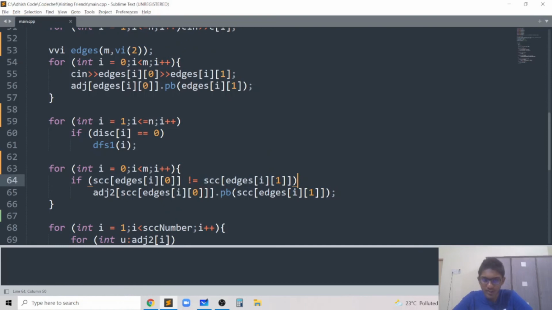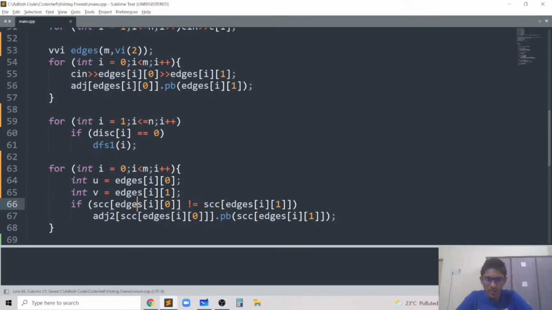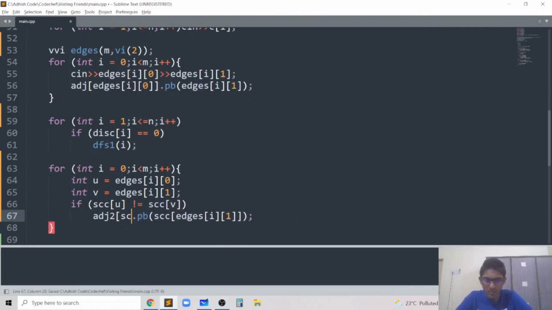So for all edges in the initial list, if we represent u to be edges of i of 0 and v to be edges of i of 1, then if the two nodes are not in the same strongly connected component, so if SCC of u is not equal to SCC of v, then we add an edge between these two nodes in the condensation graph. Otherwise, we know that these two nodes are the same node in the condensation graph. That's why we don't add an edge between them.